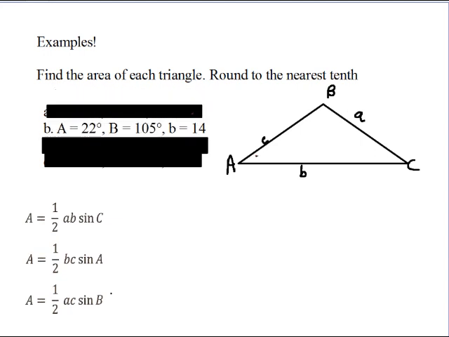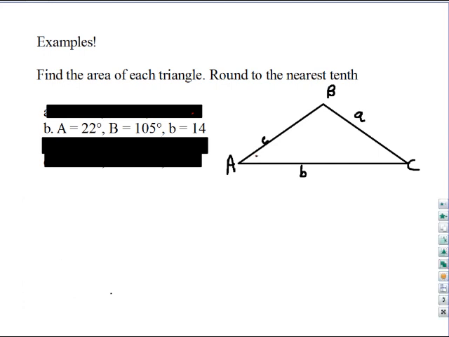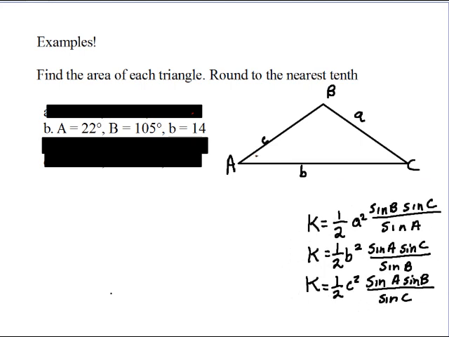This one right here, we're given two angles and a side. So instead of using this, let's shake that over. We're going to use these formulas, because I was given two angles and a side. So in black, I'm going to do this for my visual people.